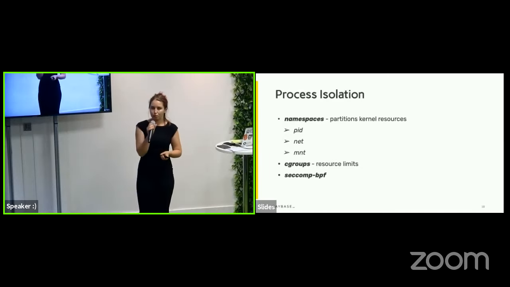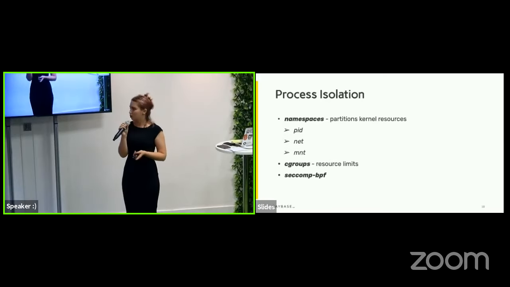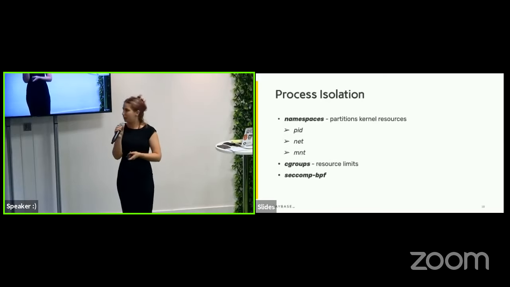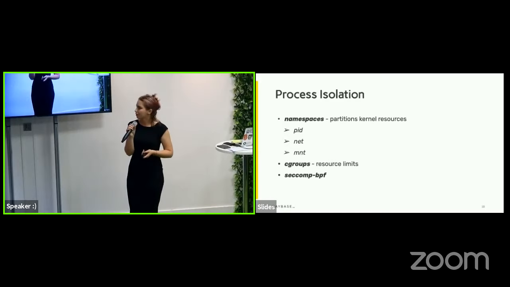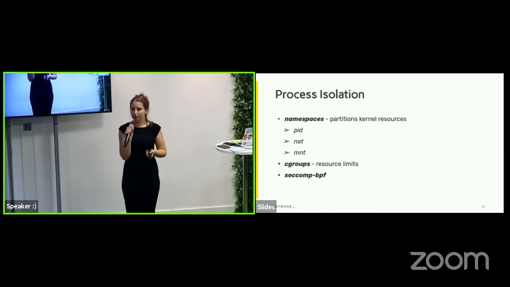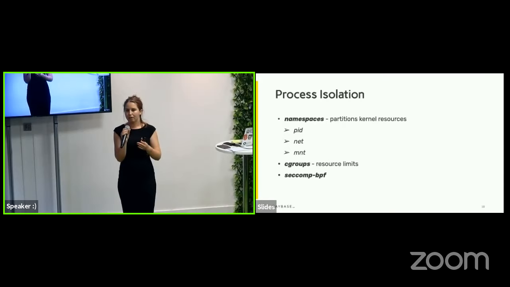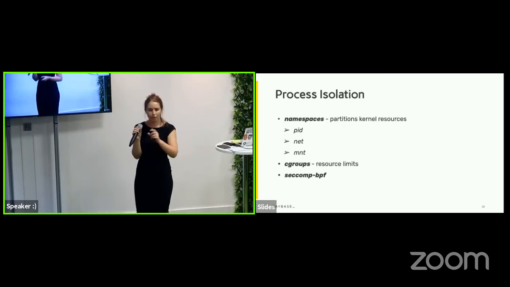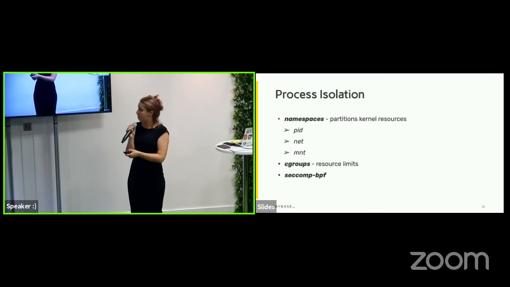Then we have cgroups, or control groups, which take care of resources, so CPU limits and memory limits. And then we have seccomp BPF, which is a security feature that tells a process what system calls it is allowed to do. Think of it as a filter of what the process is allowed to do. So these are the features that allow us this process isolation.